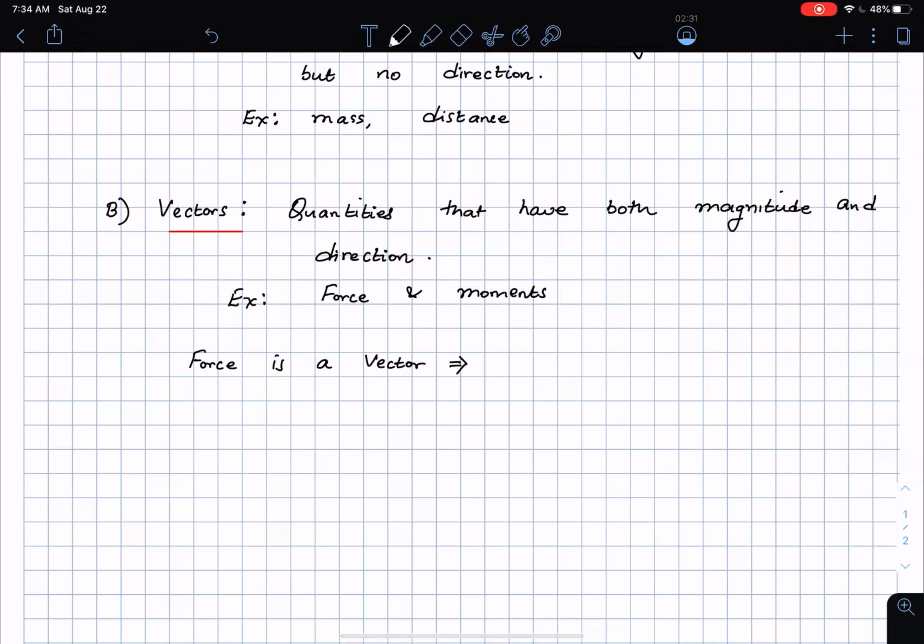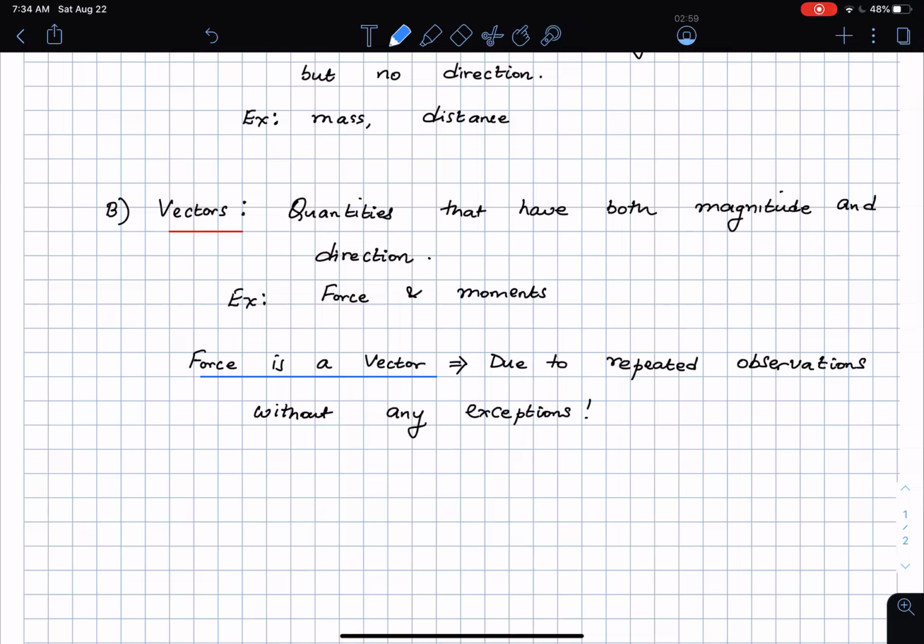This is due to repeated observations without any exceptions. And if you come across a situation where you feel force is not a vector, please come and talk to me. We both can get very rich.